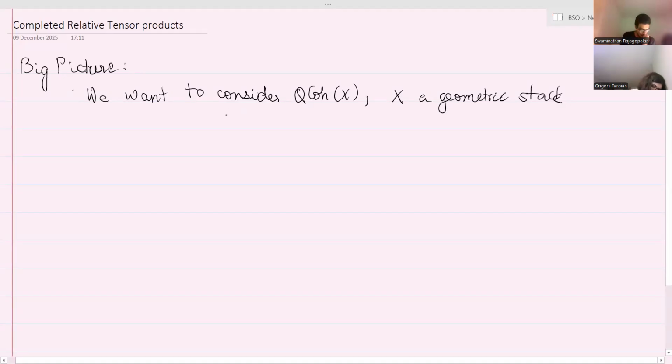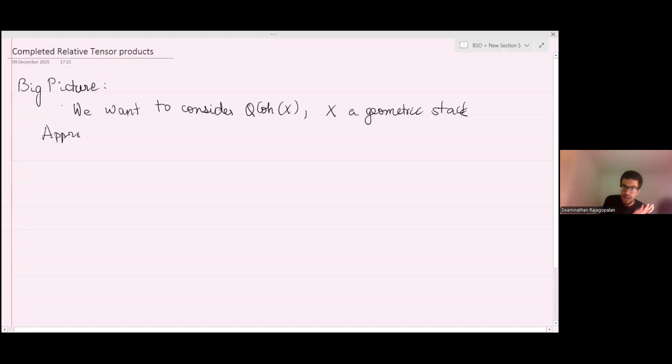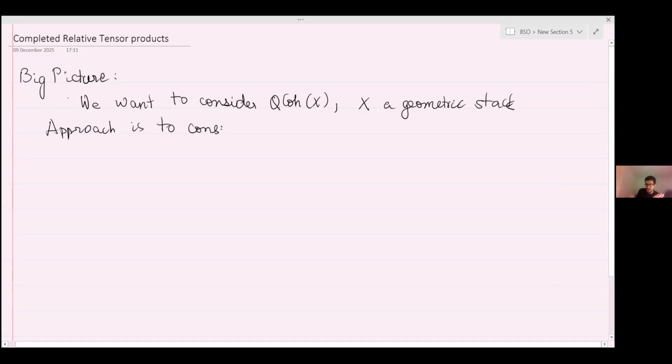From the introductions and what I've read, the approach is to consider a certain 2QCoh, which is quasi-coherent sheaves valued in Groth-ST categories.